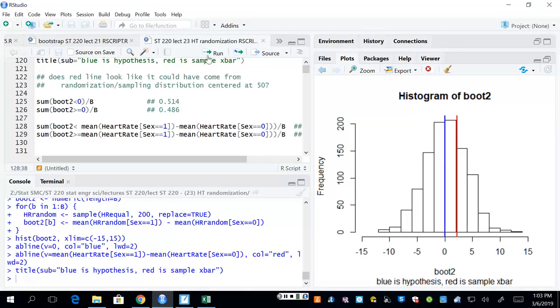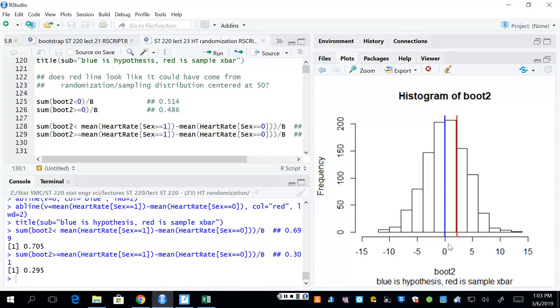About 70% of the time it's below, and about 30% of the time, the random association average difference is bigger than what we actually got. So 30% is not really so unusual. If it really were 0, we'd get something as big as we got, or bigger, at least about 30% of the time. It's not really surprising to get something that big, or even a little bit bigger.